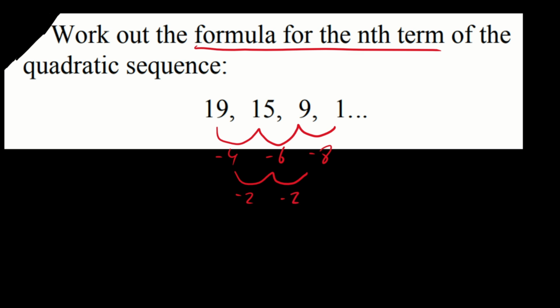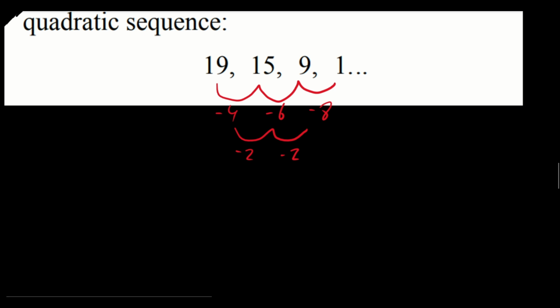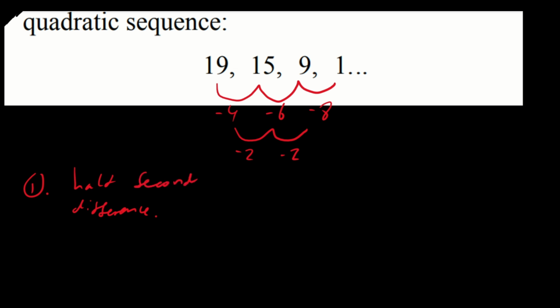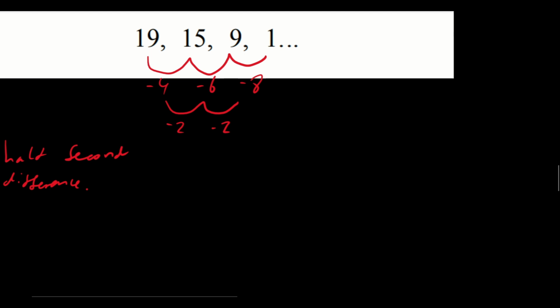The first step to find the formula of the nth term is to halve the second difference. So negative 2 over 2 is equal to negative 1.